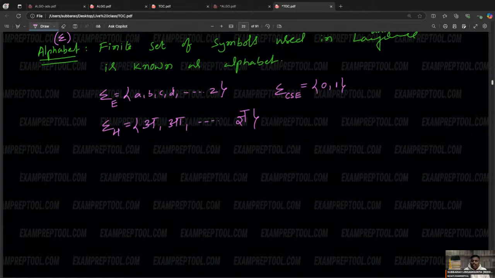At least one symbol is required. Finite set of symbols used in any language is known as alphabet. Every language has its own alphabet. So in TOC also there are many alphabets. Every automata, meaning machine, has its own alphabet.